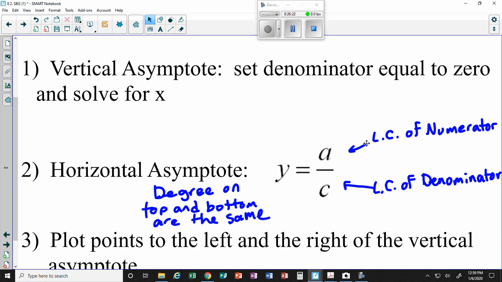Which is the form they give us. I just don't want us to start getting the habit of saying it's always this, always this. But when we get to the more complicated ones, instead of being just ax plus b over cx plus d, you could do like ax squared plus something over bx squared. Okay? So as long as the degrees are the same, that's when we use this method. Okay?